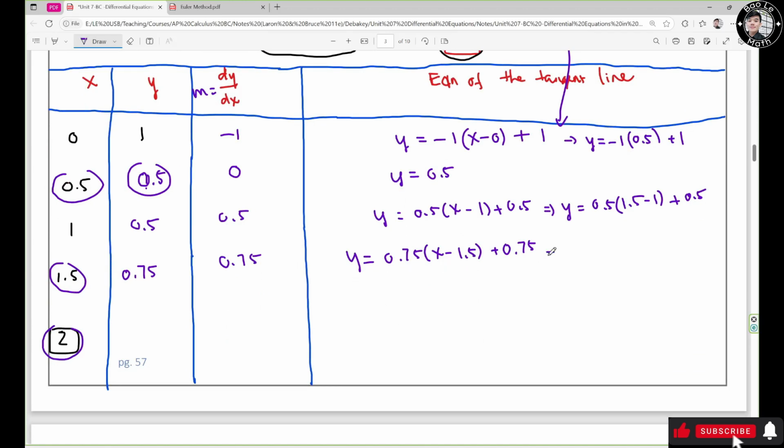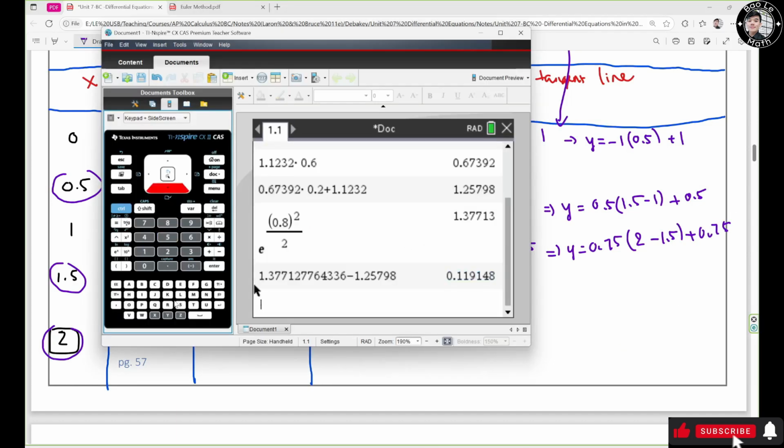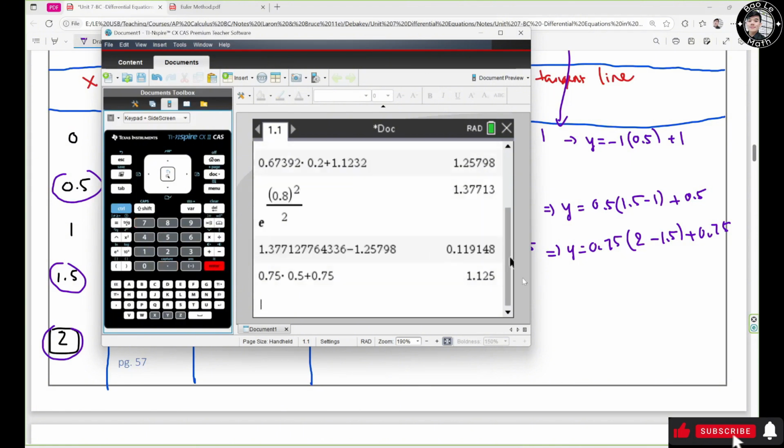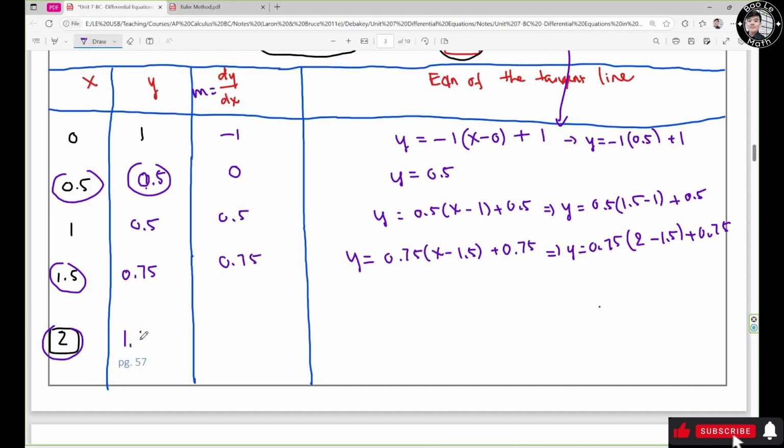So I have y equals 0.75 times 2 minus 1.5, plus 0.75, right? So I have 0.75 times 2 minus 1.5, which means 0.5, right? Plus 0.75. Hit enter. The answer is 1.125. And this one is the final answer.